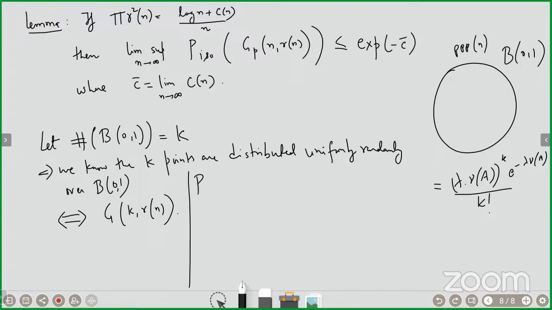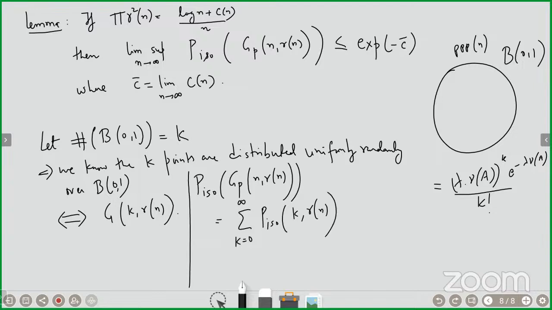So P ISO over GP of n comma Rn is equal to the summation over K going from 0 to infinity of P ISO of K comma Rn times n to the power K e to the minus n over K factorial. This is by conditioning. What does that probability mean? Probability of isolation.